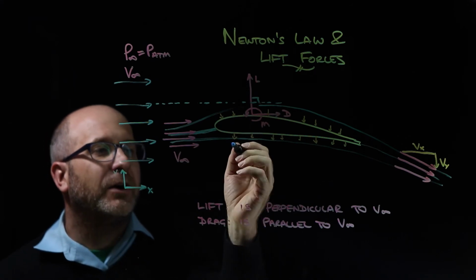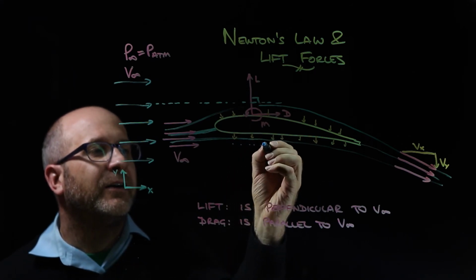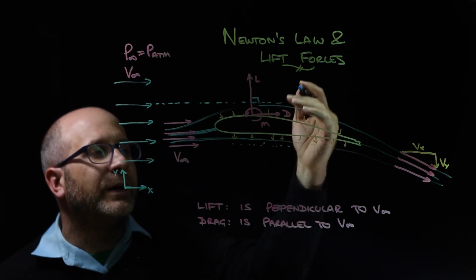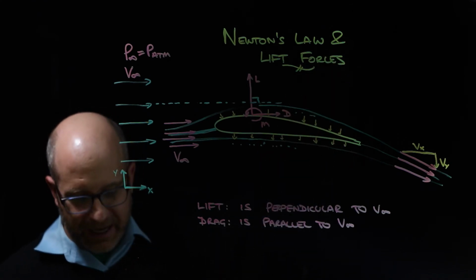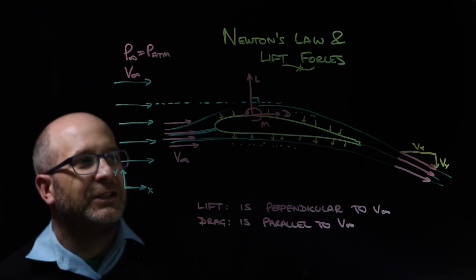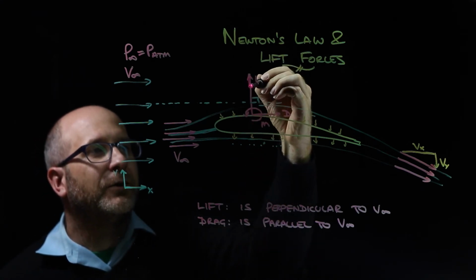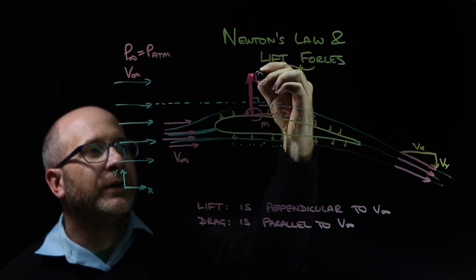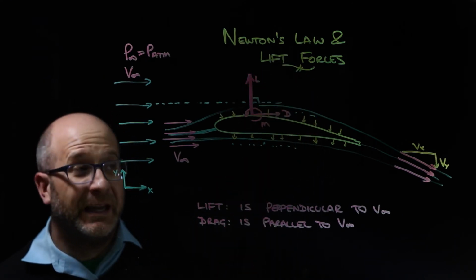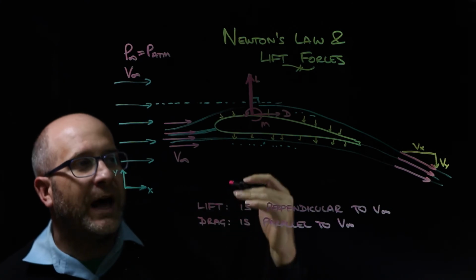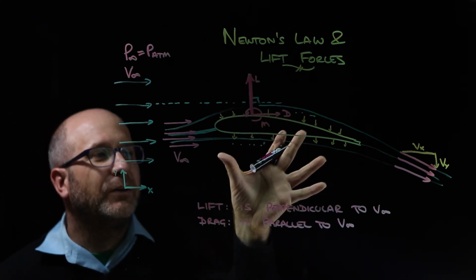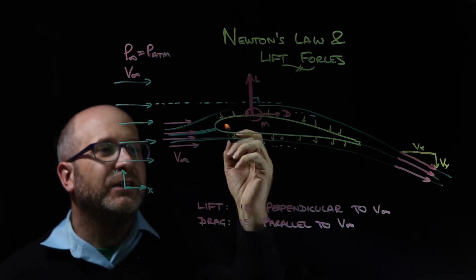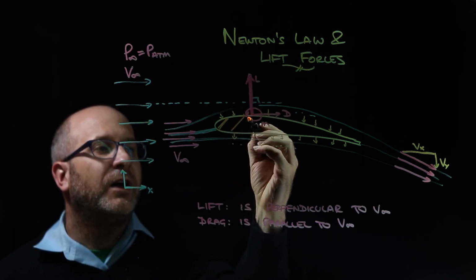So these particles of fluid here that are going by are actually pushing up on the wing and pulling up on the wing to make it go up. And the net effect of this deflection is going to be this lift force here, right? So if we push down on particles and pull down on them, and they, in response, pull up and push up on us, we're going to get pushed up as an airfoil in this case. So the question is, how does this all work and relate to Newton's law?